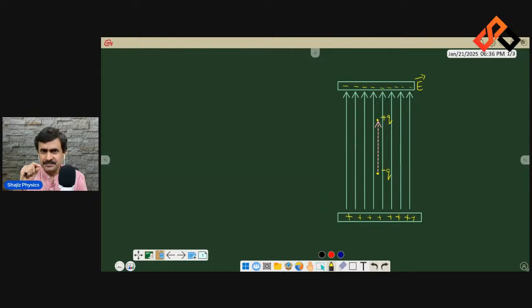It is the path along which a unit positive charge would move if it is free to do so. Imagine you have a positive charge. You are releasing it. When you release the positive charge, it is free to move on its own. It is having the freedom. In such a case, if it is moving, what does it mean?